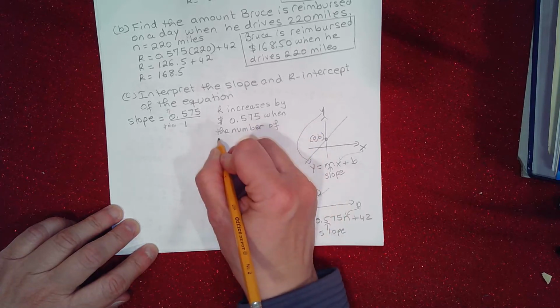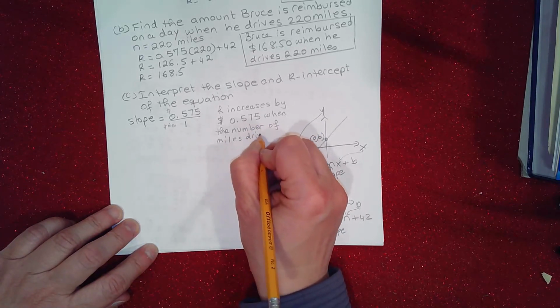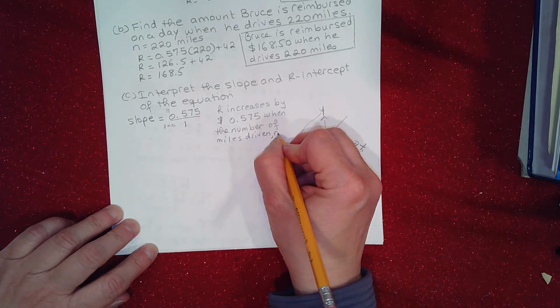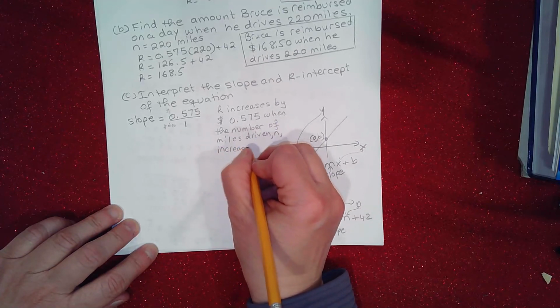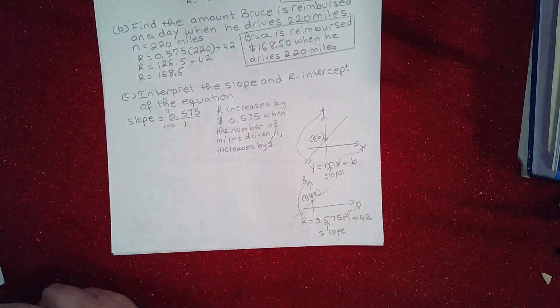driven, the number of miles driven, we're using n, increases by 1. R increases by 0.575 when the number of miles increases by 1.